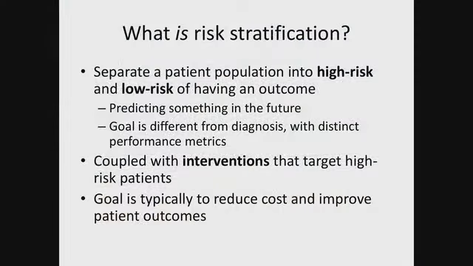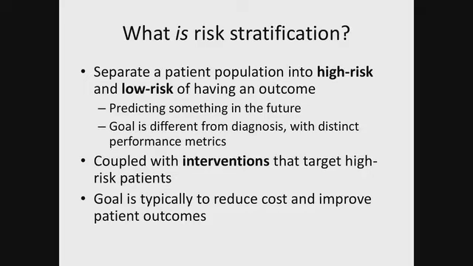So what is risk stratification? At a high level, you should think about risk stratification as a way of taking in a patient population and separating out all of your patients into one of 2 or more categories: patients with high risk, patients with low risk, and maybe patients somewhere in the middle.